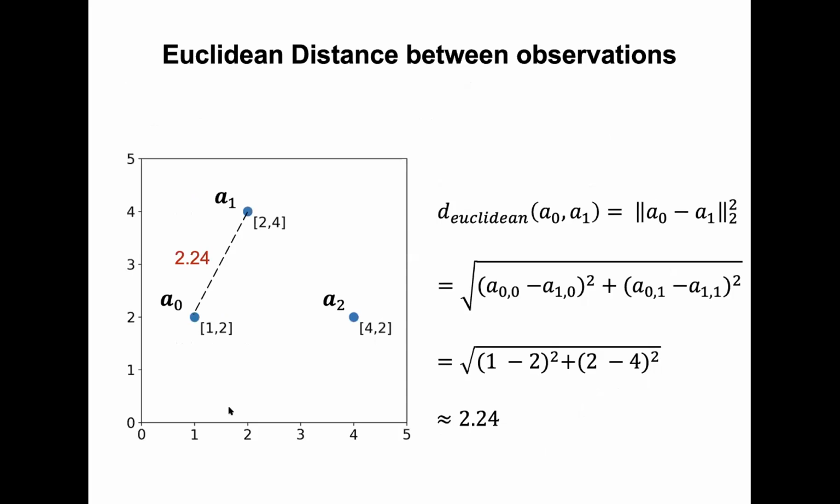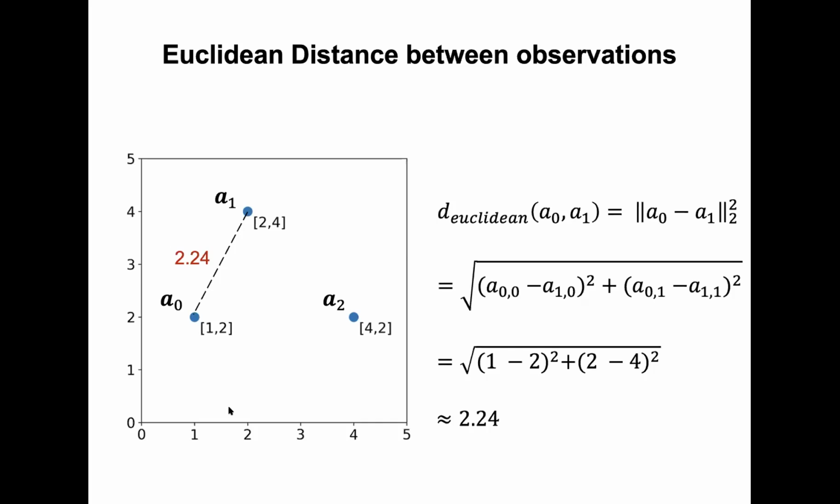One of the other ways to represent the data is based on the relationships between these data points and their spatial representations. Here you have 3 data points, A sub 0, A sub 1, and A sub 2, visualized as 3 different points spatially, and you can think about the relationship between these points. For example, how far is A sub 0 from A sub 1?